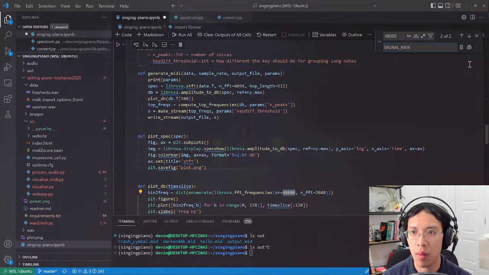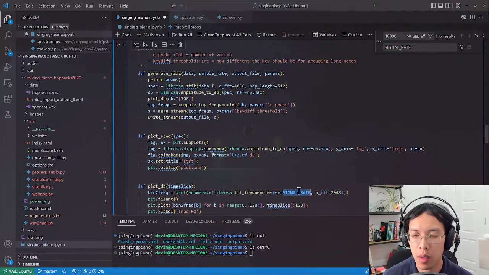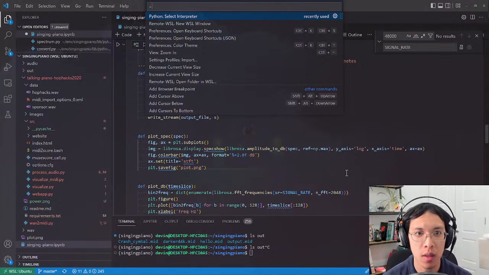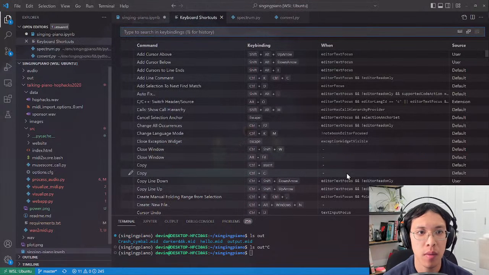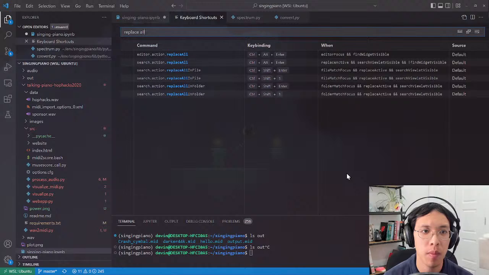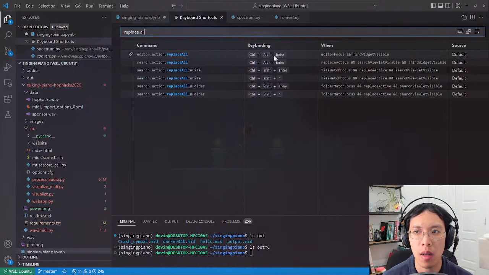Signal underscore. Oops. Yeah, I don't know why Windows is trying to print it out or say it. By default, replace all should be a Control-Alt-Enter in VS Code, but anyway, I can probably change that actually. Keyboard shortcuts. Replace all. Yeah, it's Control-Alt-Enter, so something's overriding that.